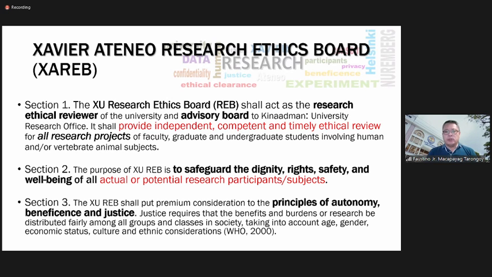So that's the autonomy there. And beneficence and justice refers to the principle that whenever we are looking at the ethical considerations of the review, is it always meant for the good of the participants? The benefits should be clear enough and should be more than the risk involved in the research, risk that may cause harm to your participants.